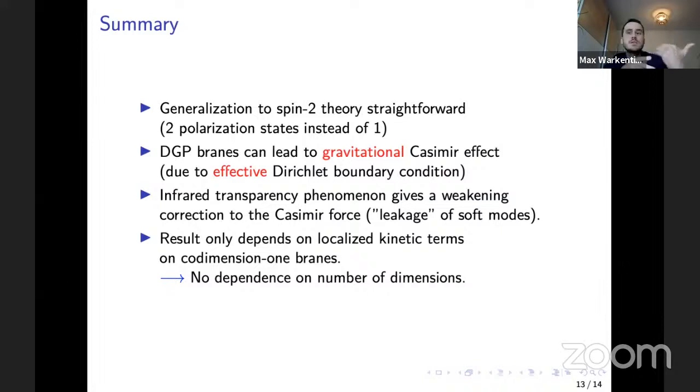So the Casimir force is weaker than in the standard case. And the last point I want to make is that this result really does not depend on the number of dimensions, as we saw. As long as we take just a co-dimension 1 brane, so the branes have just 1 dimension less than the dimension of the full spacetime, we get the same result. So exactly this is what I want to say.